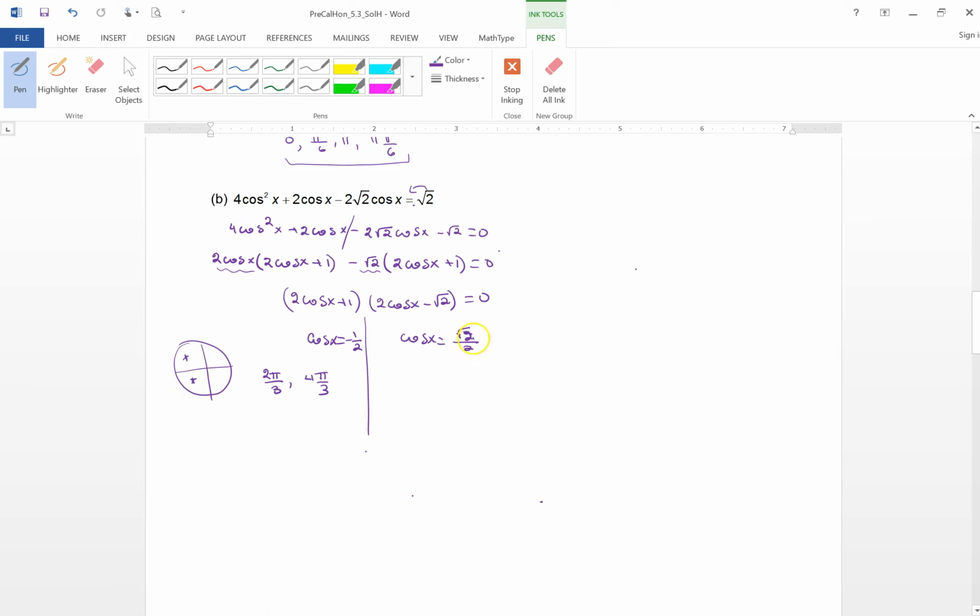And where cosine equals root 2 over 2, these are the 45s in the positive quadrants, here and here. That's x equals pi over 4 and 7 pi over 4. So in order, that's pi over 4, 2 pi over 3, 4 pi over 3, 7 pi over 4.